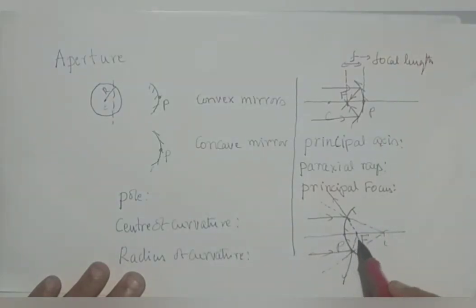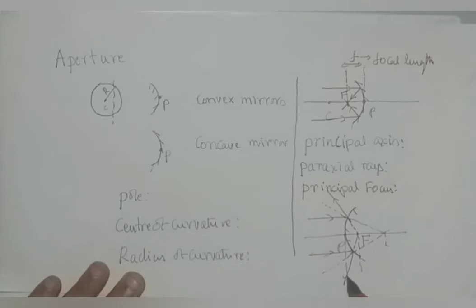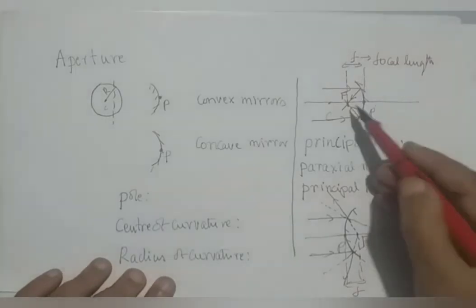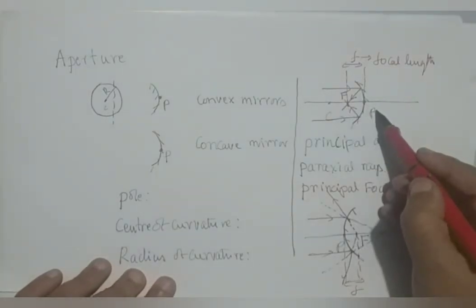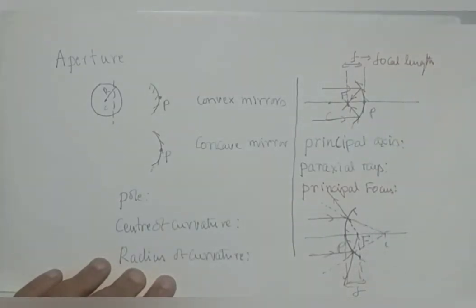In the case of the convex mirror, it goes like this. This is f. Focal length is the distance between the principal focus and the pole of the mirror.